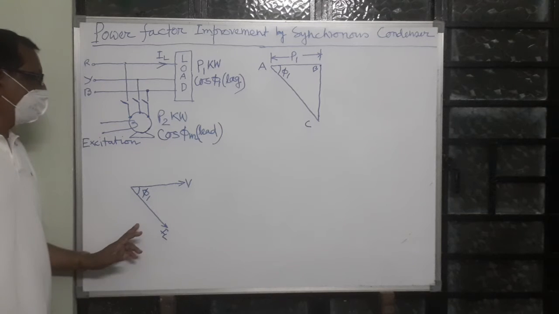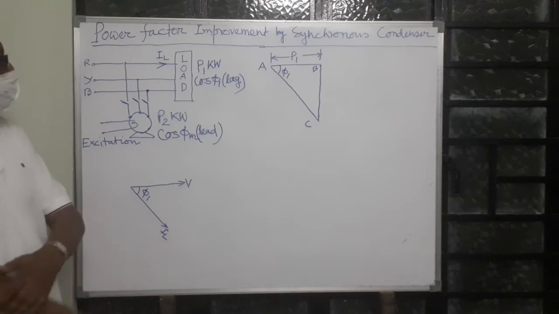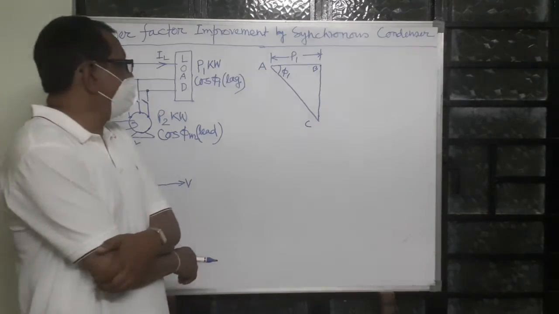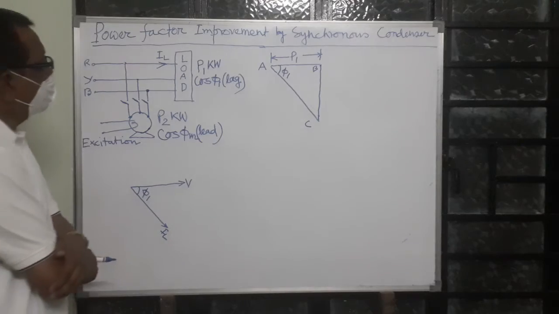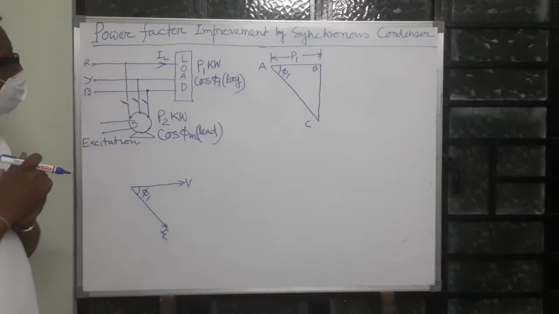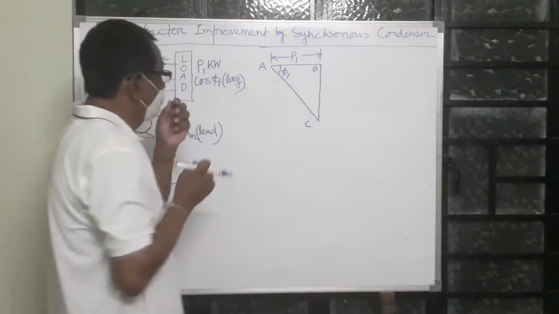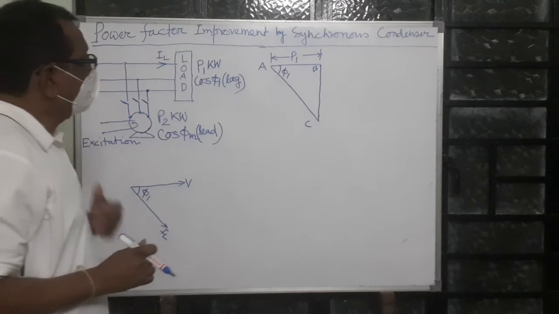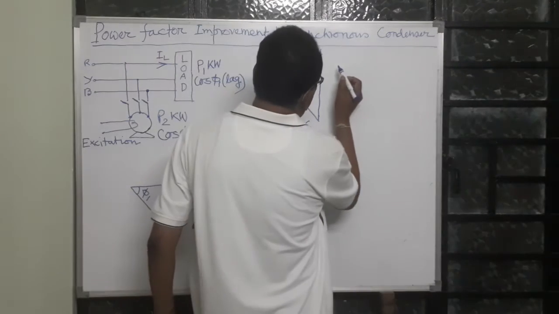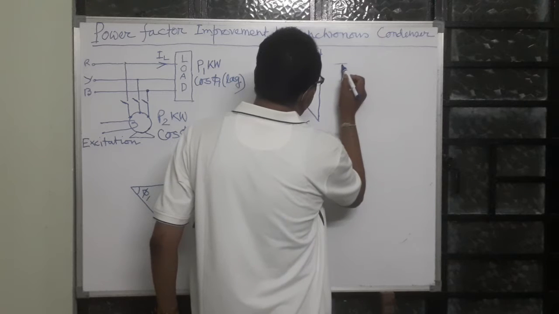Now this is the phasor diagram. Now the load power triangle: this is the power triangle of the load. AB shows the active power of the load, P1, and BC is the reactive power of the load.